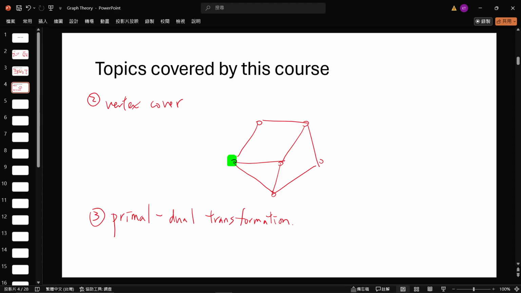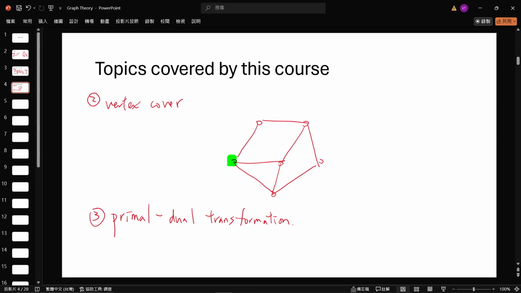So whenever you have an optimization problem, there's this magic transformation that can transform the original problem into a completely different problem. And hopefully this completely different problem can help you solve the original problem. It turns out that it's very often the case that we can use this transformation to solve the original problem. Okay?